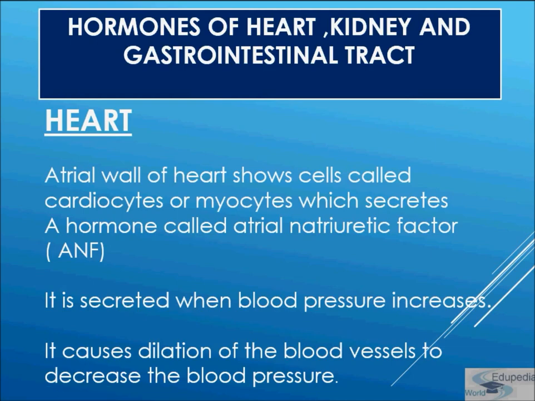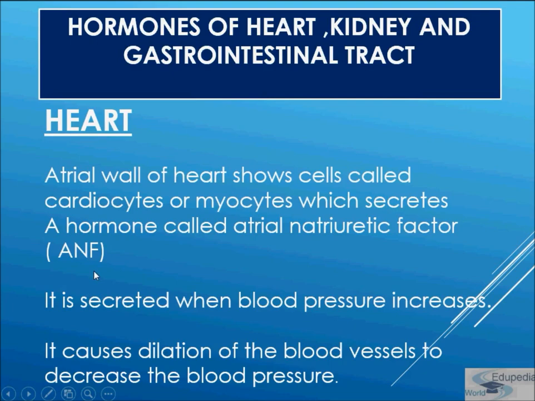That means whenever blood pressure increases, this ANF increases in response to the blood pressure. It causes dilation of the blood vessels to decrease the blood pressure. Okay, that means ANF is released in response to the increased blood pressure. So what does ANF do?